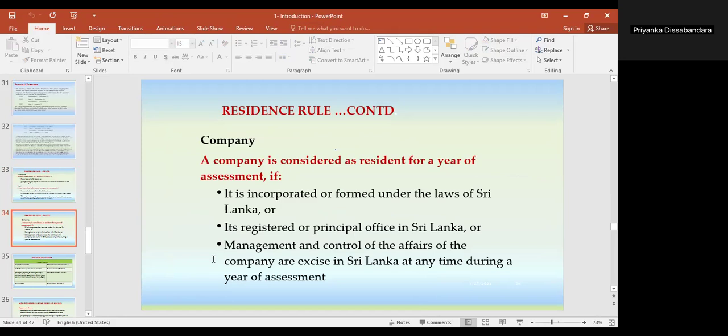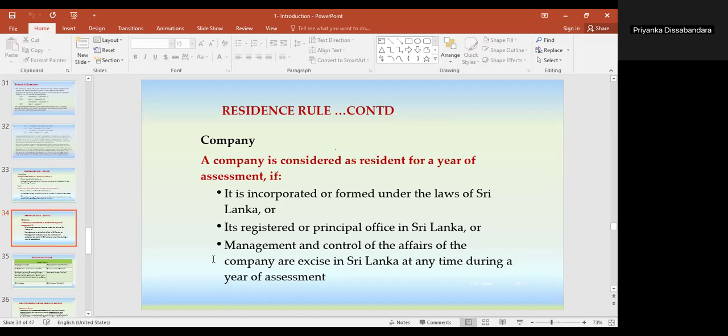For a company to become a resident company, that company should be incorporated or formed under the laws of Sri Lanka. That means a company should be registered, incorporated under the Companies Act. If that company is incorporated under the Companies Act of Sri Lanka, then we can consider that company as a resident company in Sri Lanka.